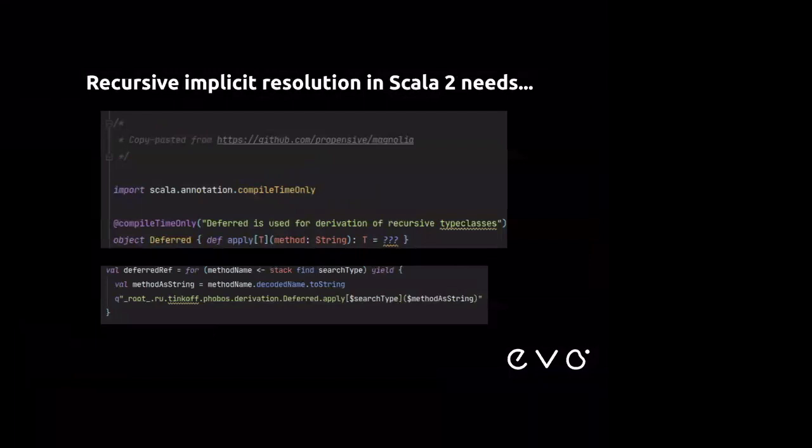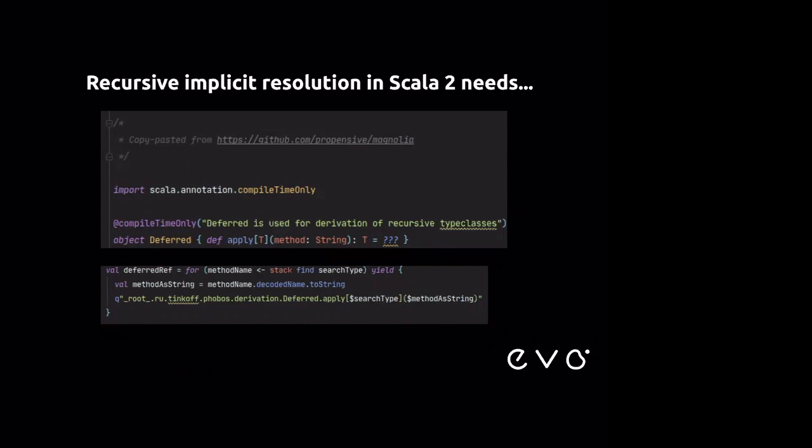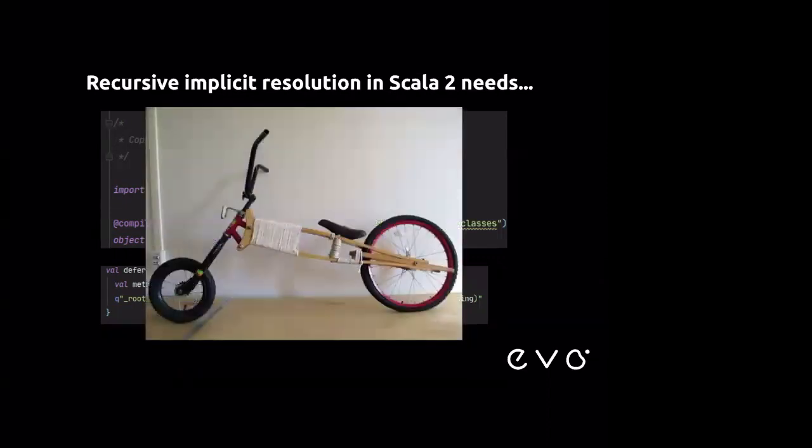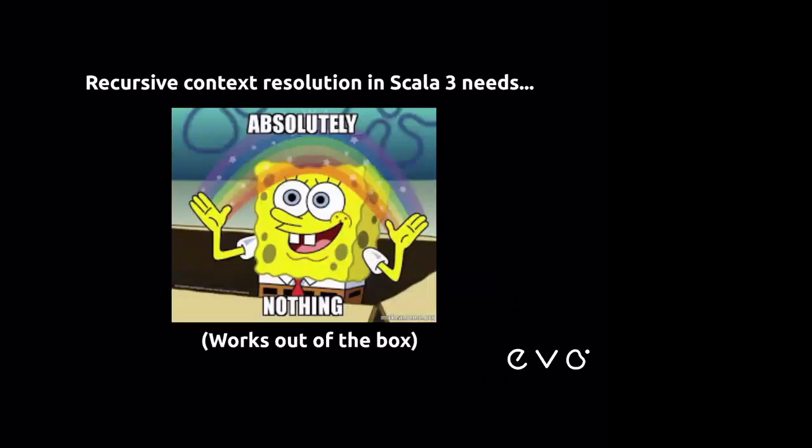In Magnolia, for instance, it's called deferred, and it requires special usage within the macros. In other words, something like this. What about Scala 3? We need absolutely nothing because it works out of the box. I will show some examples at the end.